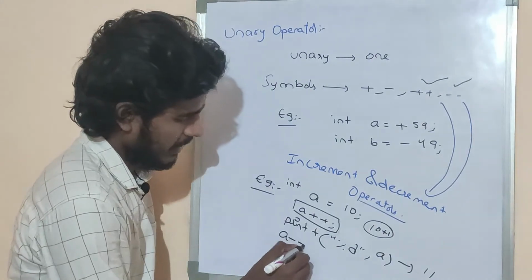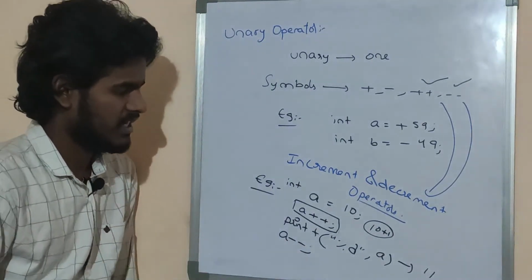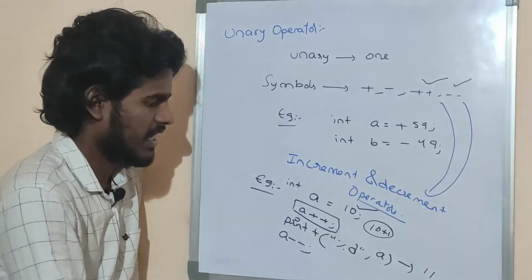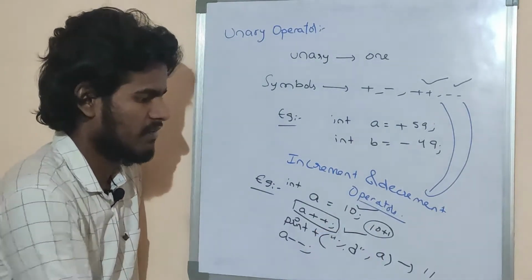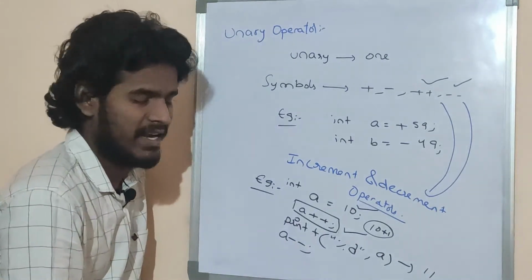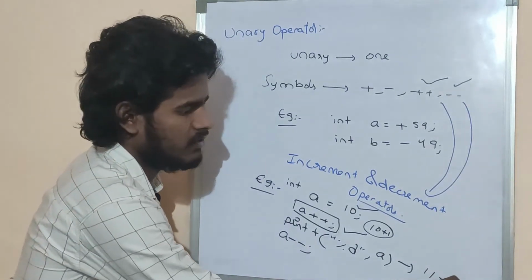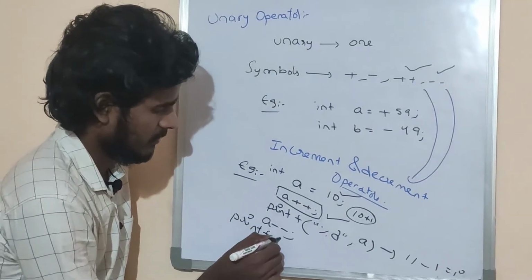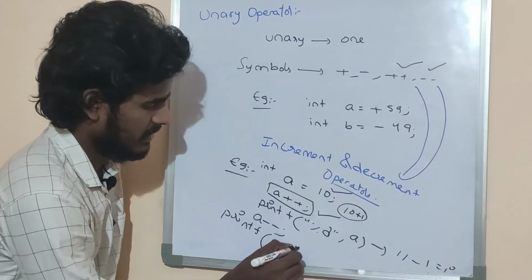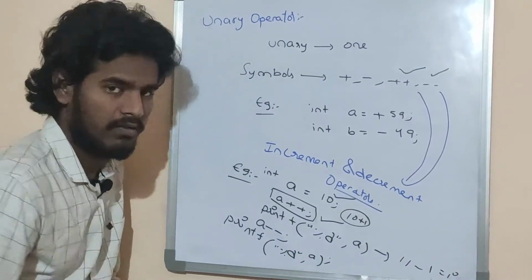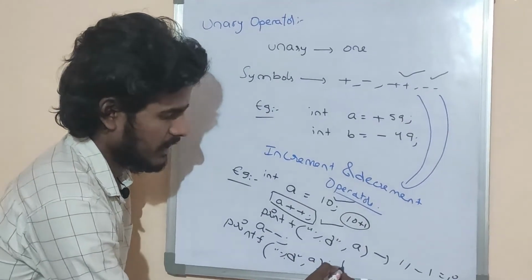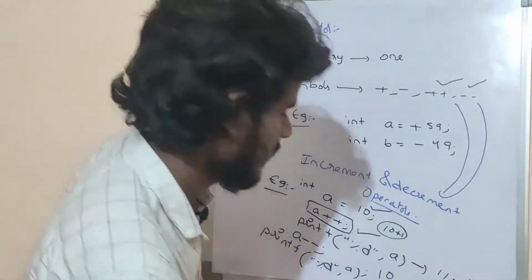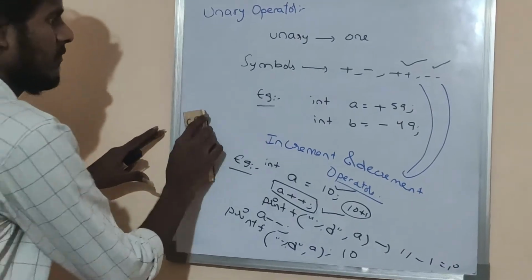Then a minus minus: 11 minus 1 is equal to 10. Printf %d a, and we get output 10. This is the increment and decrement operators.